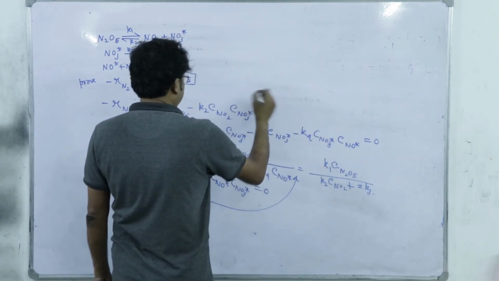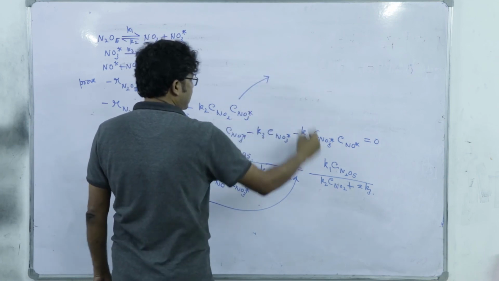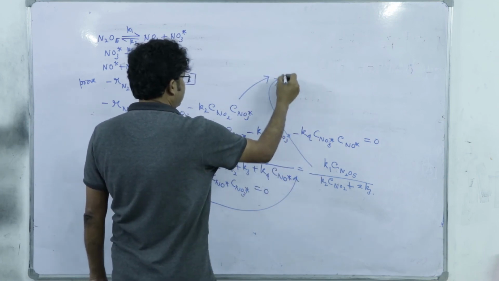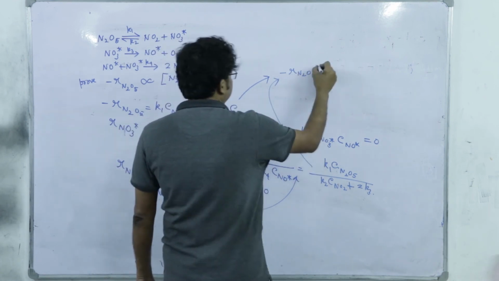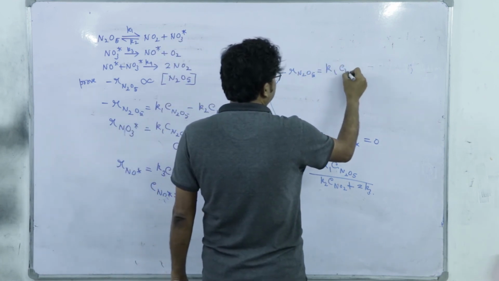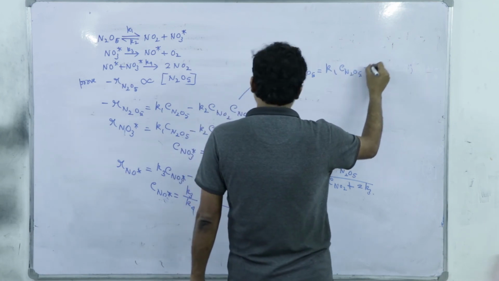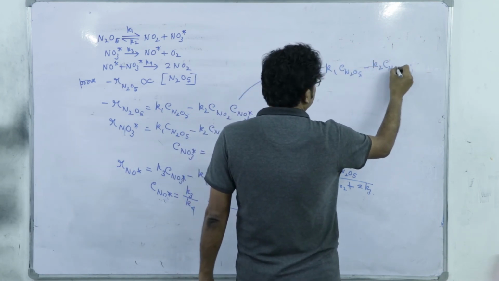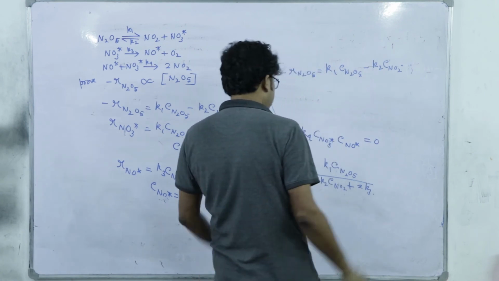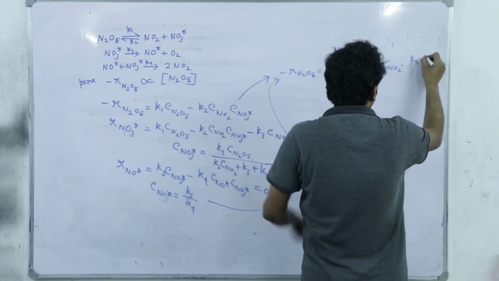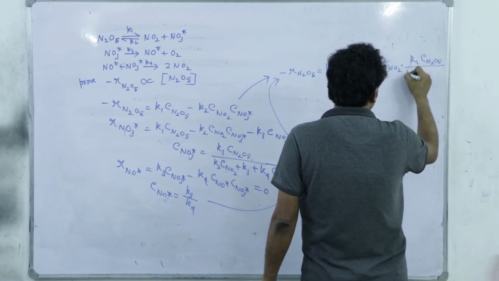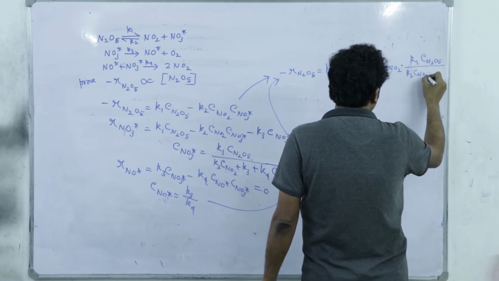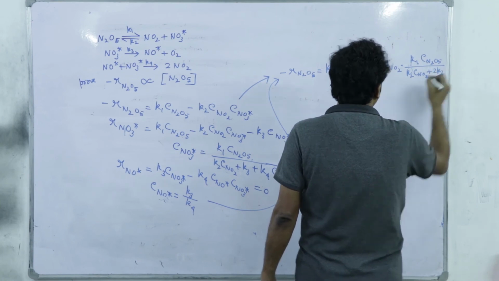Combining these two, what do you get? Minus Rn2O5 is equal to K1 CN2O5 minus K2 CNO2 into K1 CN2O5 divided by K2 CNO2 plus 2K3.